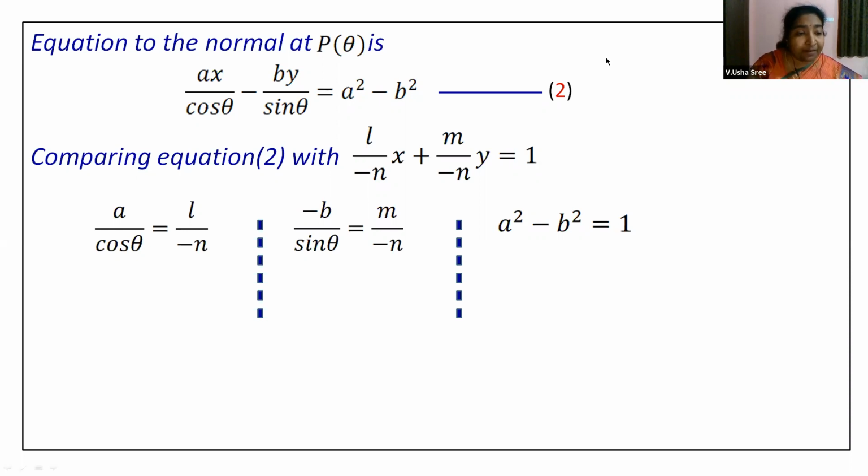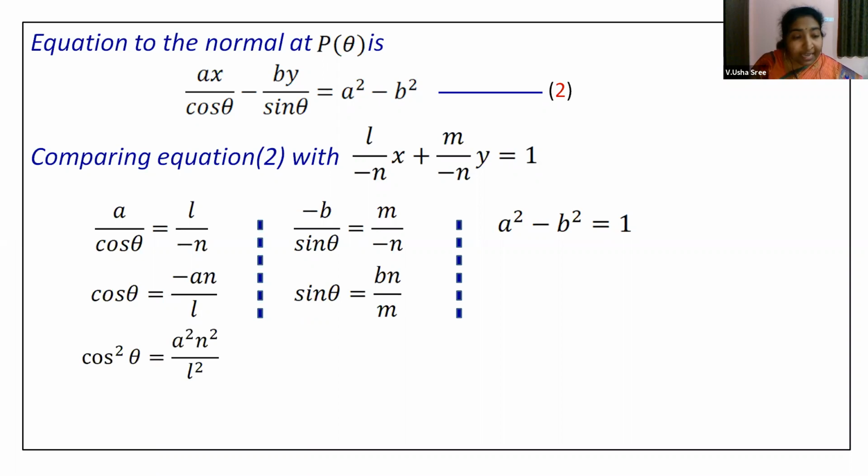So from this first equation, we will try to calculate what is cos θ. Cos θ is nothing but −an/l, on cross multiplication and simplifying. And similarly, sin θ will be given by bn/m, because both the minus signs, when you multiply, give you plus.